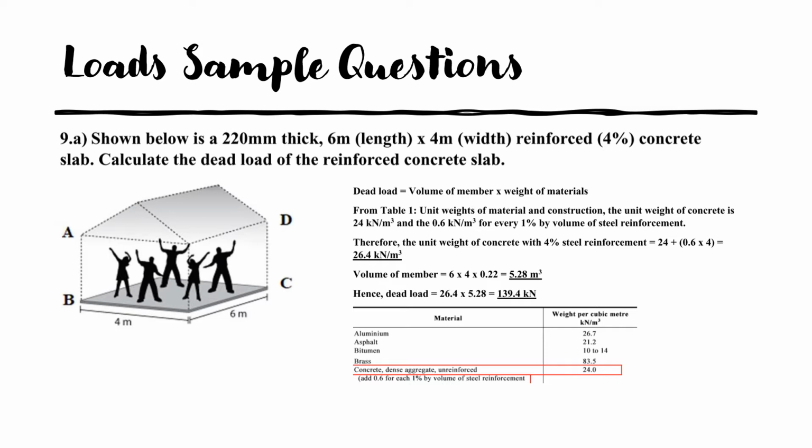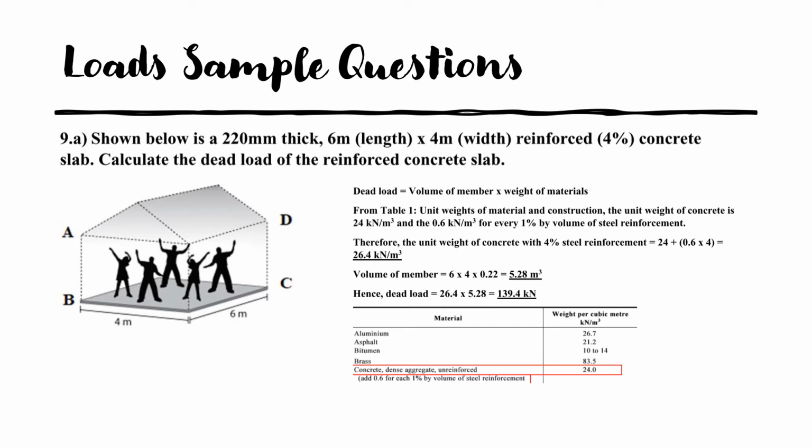As we know from the previous slide, the dead load equals the volume of the material used multiplied by the weight of the material. From the table attached below, we can see that the unit weight of concrete is 24 kilonewton per cubic meter, and for every percent of steel reinforcement, the unit weight adds 0.6 kilonewton per cubic meter.